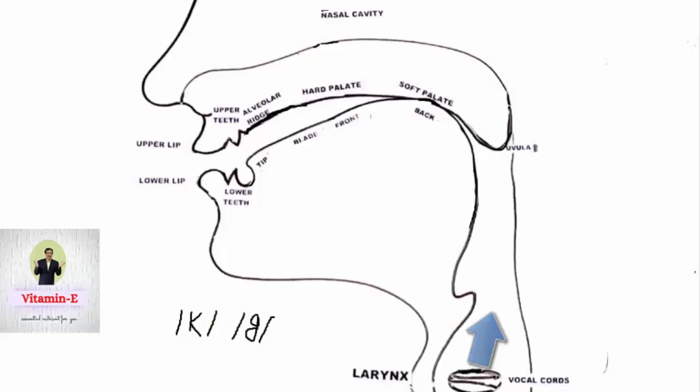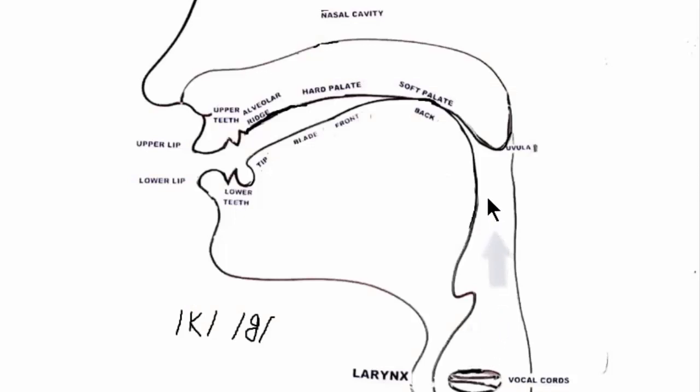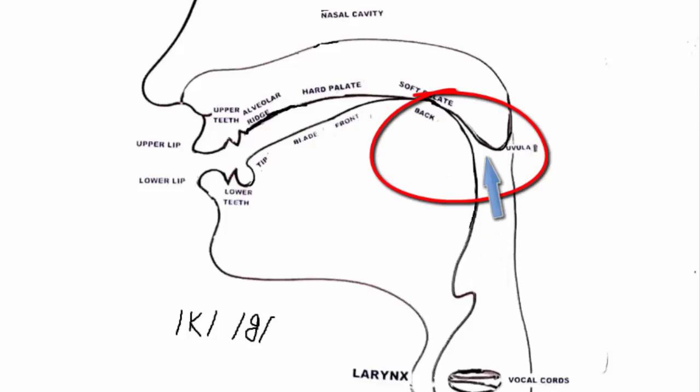In case of velar plosives like k and g, you will find that the air starts moving in an upward direction and it will be blocked, where you can see that the uvula is raised to shut off the nasal passage, which is a common feature of all the oral consonants.